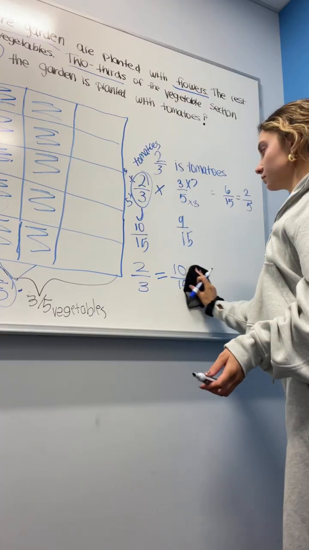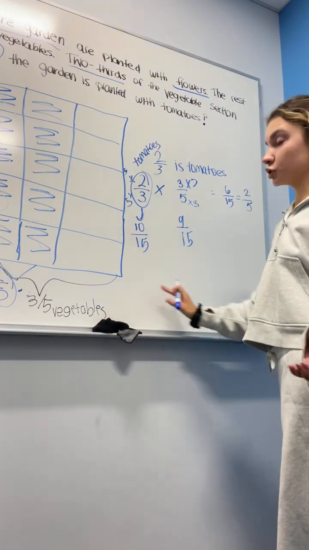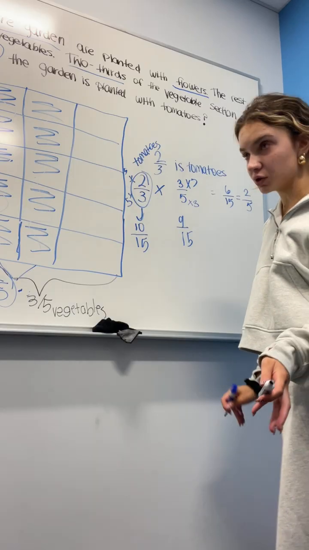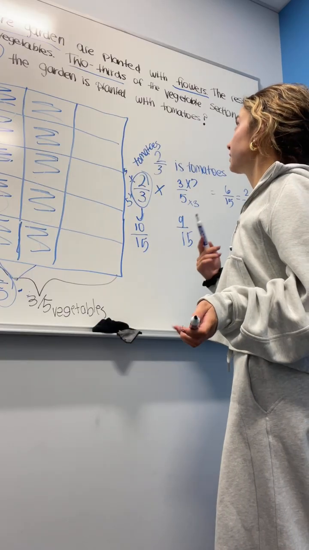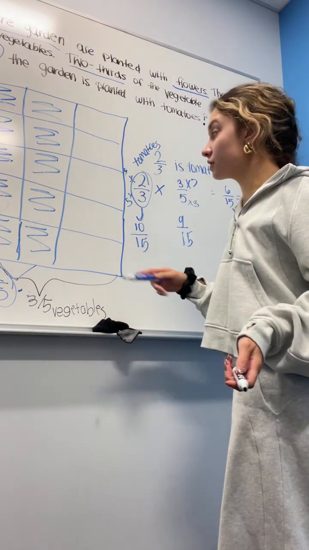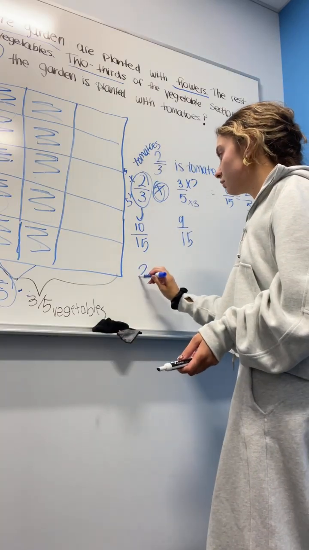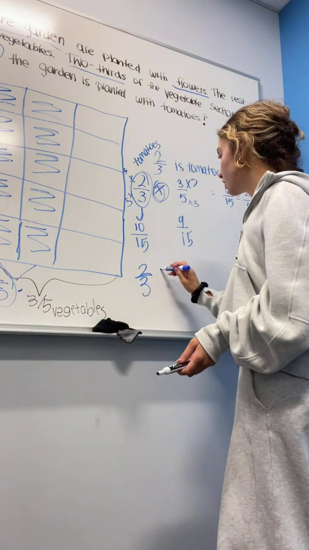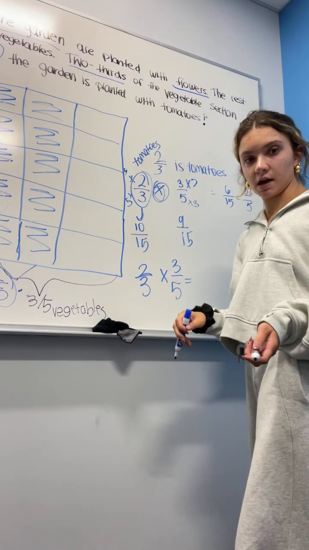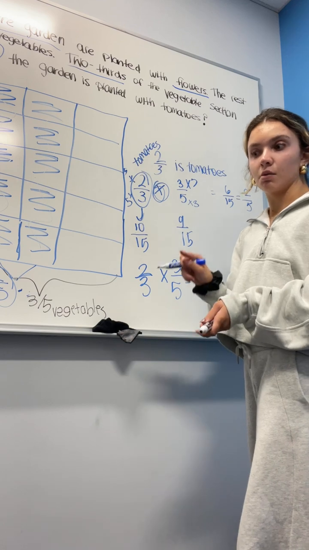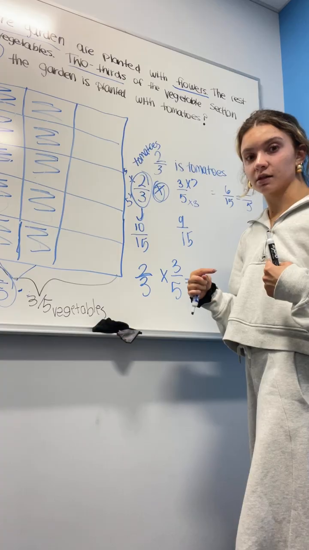But basically, if you wanted to take the shorter alternative, because it's asking what fraction of the garden is planted with tomatoes, we want to know 2/3 of 3/5. So honestly, we could just multiply across because we can do that with multiplying fractions. We can multiply across, but when we're adding, we have to find that common denominator. That's where I messed up.